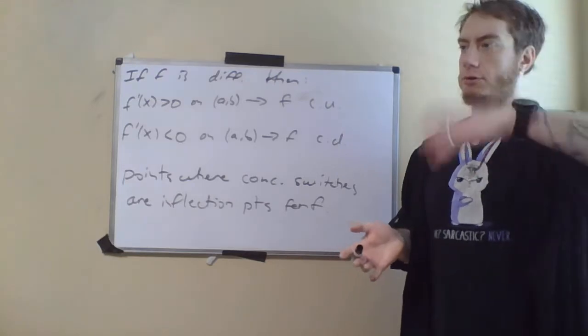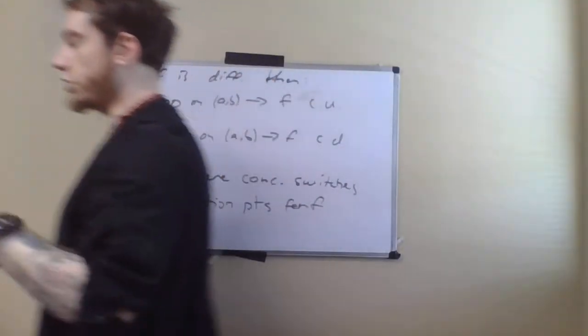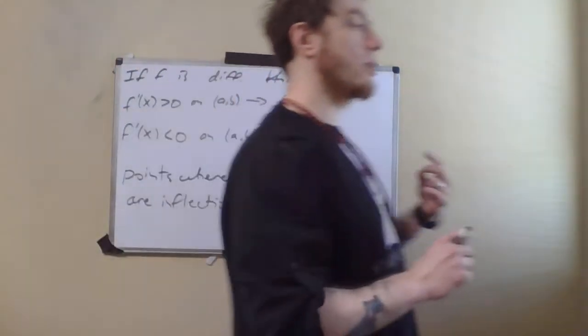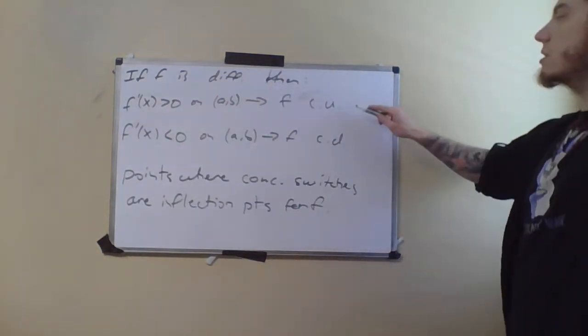It's not like there are certain points that are always inflection points. Anyway, if your function changes which direction it is concave, then it's going to have an inflection point there by definition. Now, I'm not going to prove this.